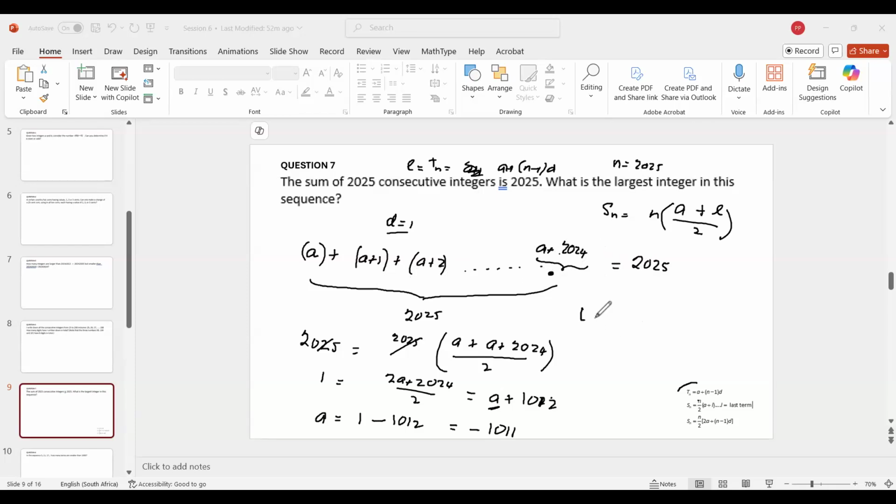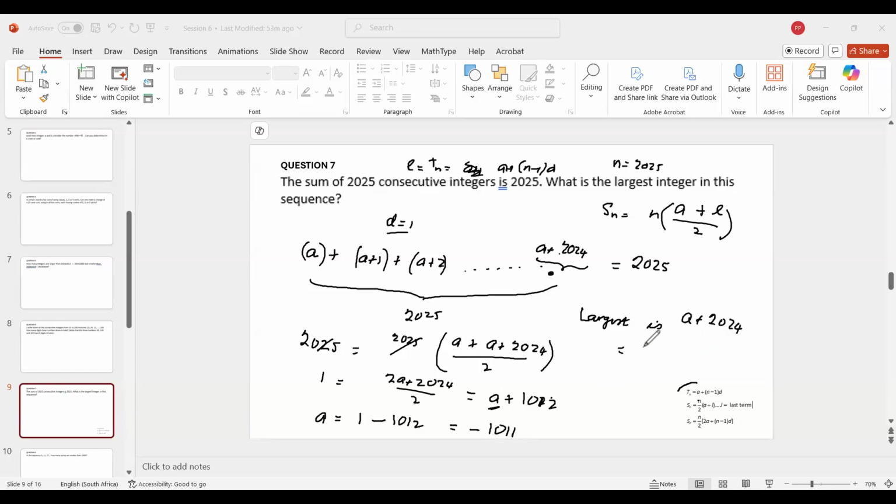So the largest, that's the question, what is the largest integer? The largest is A plus 2024, and A is negative 1011.